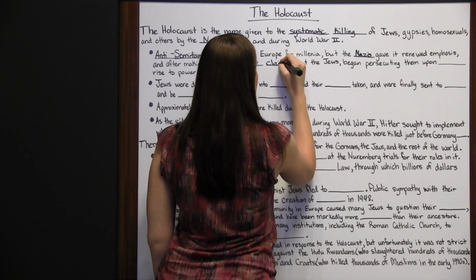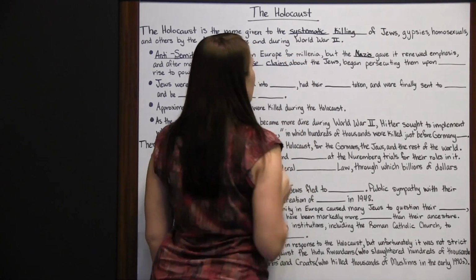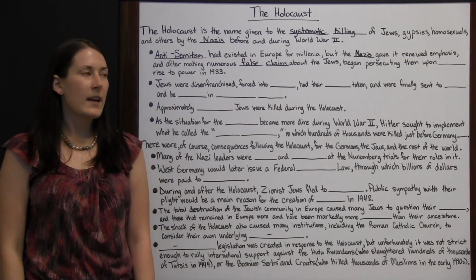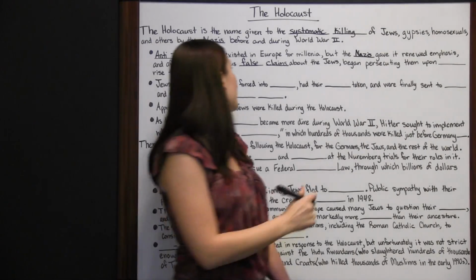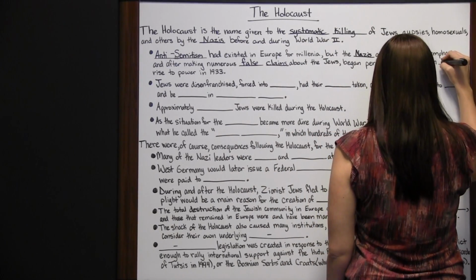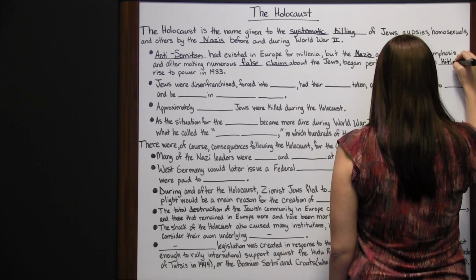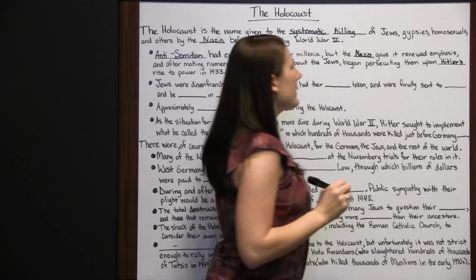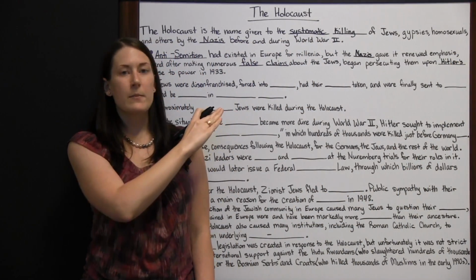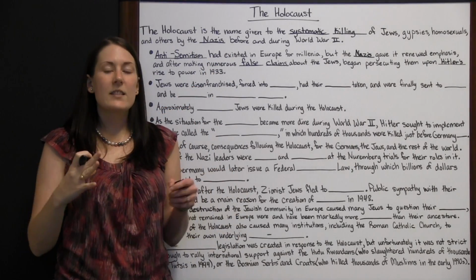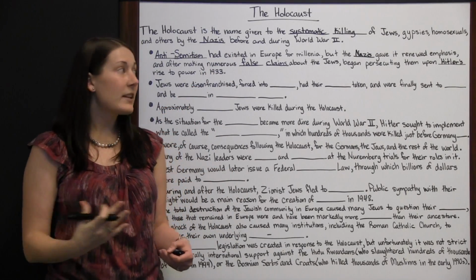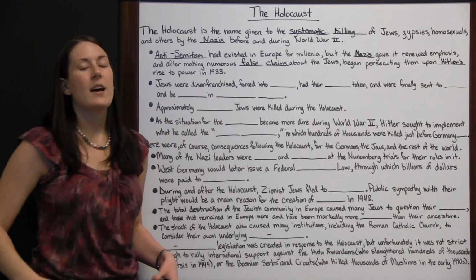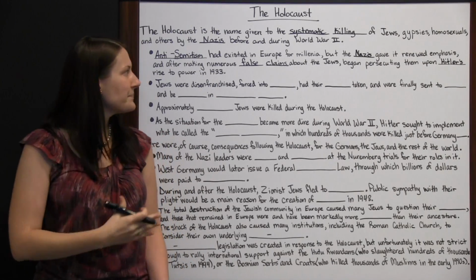So after they made many false claims about the Jews, they began persecuting them upon Hitler's rise to power in 1933. So you see that even if they didn't start killing them right away, the system of persecution and eventually killing them began around the time that Hitler rose to power.